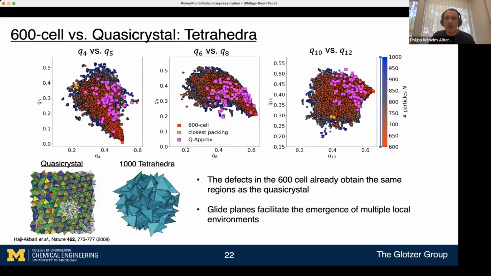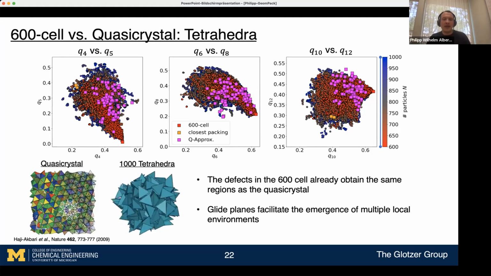And that doesn't change when we add more and more particles to the simulation. You can see that they occupy exactly the space which is typically also occupied by simulations in Euclidean space where you get the quasicrystal.